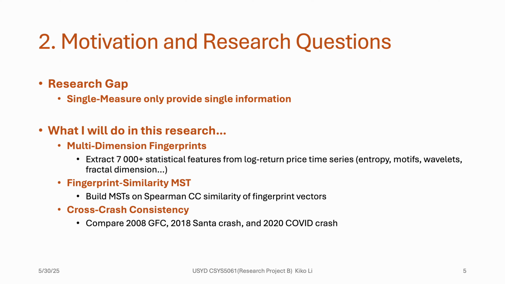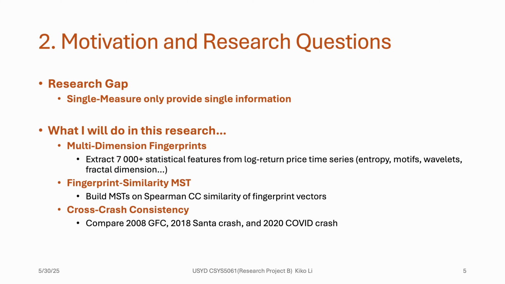On the previous slide, we saw that existing studies rely on a single similarity measure, which only tells part of the story. Our research fills this gap by introducing a multi-fingerprint minimal spanning tree framework. First, we extract over 7,000 statistical features, including entropy, wavelet, motifs, etc., from logarithmic price series to build a multi-dimensional fingerprint for each asset.